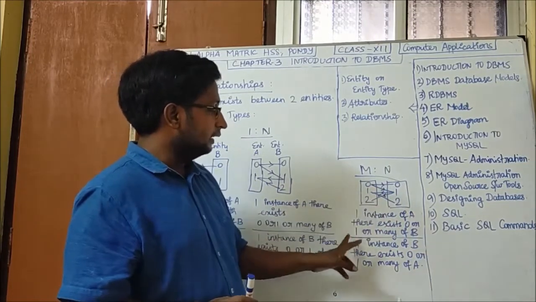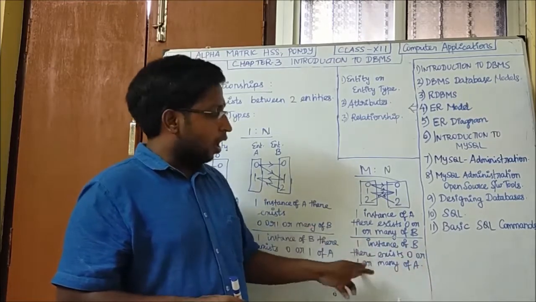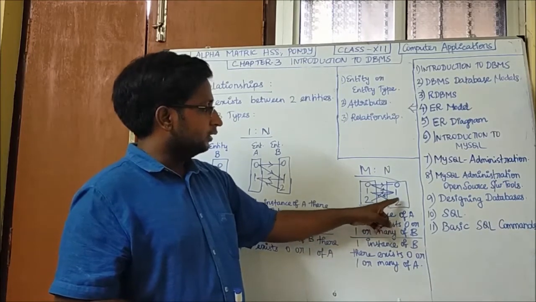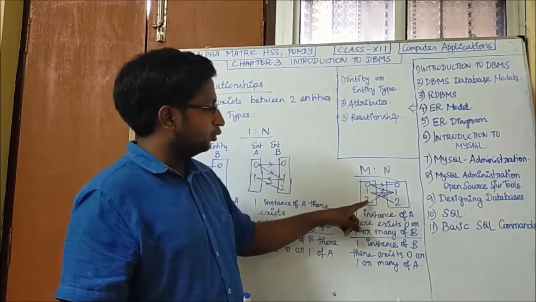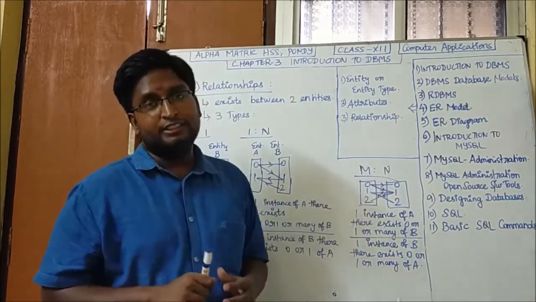Again vice versa, one instance of B exists with 0 or 1 or many of A. See, 1 is connected here with 1 and also to the 2. So this is the many-to-many relationship.